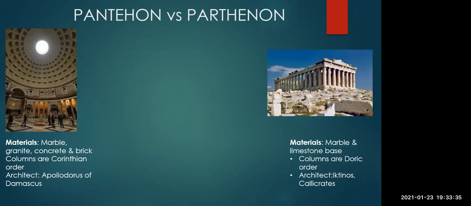The materials used for this building are marble, and the base is of limestone. So all around this area, you have limestone blocks. The columns for this building are of Doric order. Okay, that's what you need to remember. And the columns in the Pantheon are of Corinthian order.